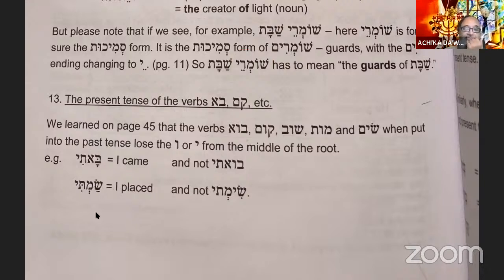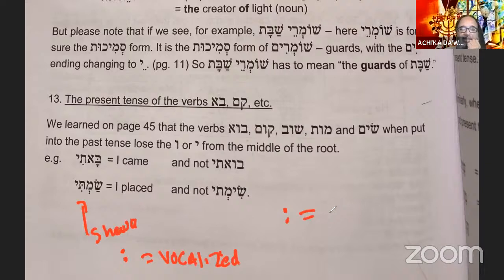So again, what you want to know is whether or not this schwa right here, it's called a schwa, these two dots, are they vocalized, or is it silent? So which one is silent and which one is vocal? Well, the rule is it's silent if there is a short vowel in front of it.